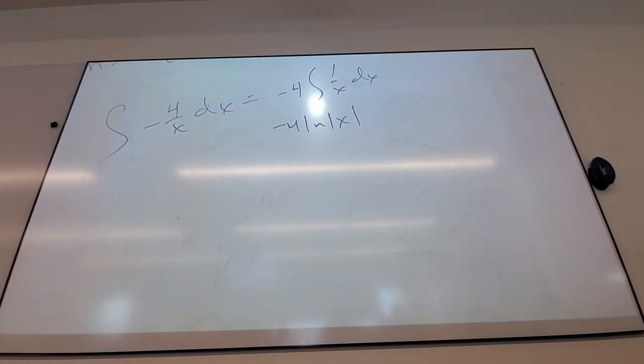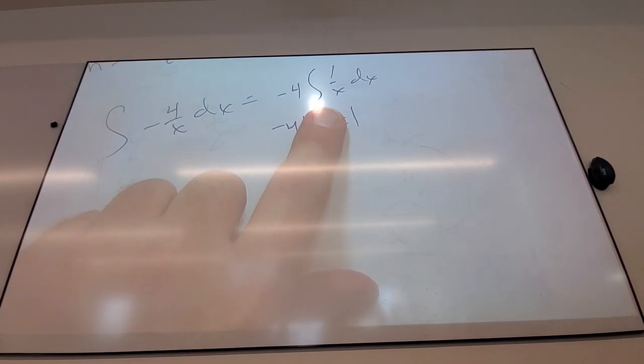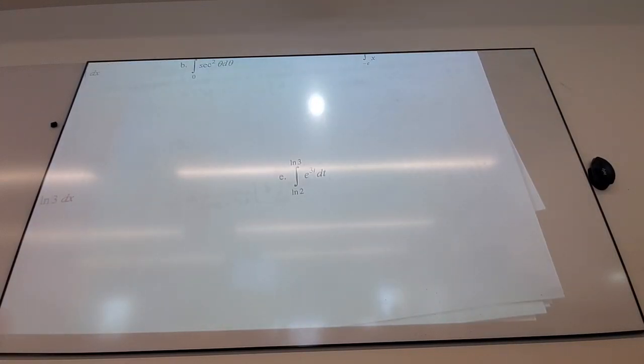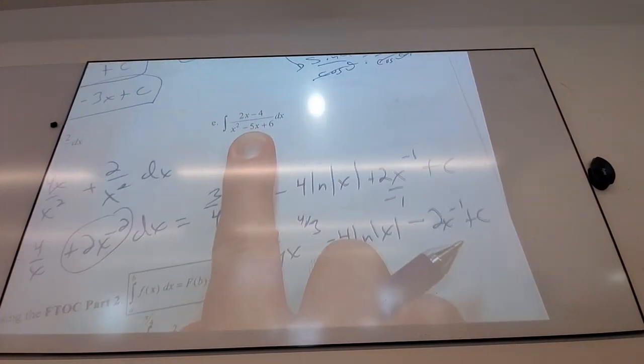So you can always take constants out of the way, or if for some reason you need a constant, you can actually figure out a way to get it in there. So you can take them out, put them in, however you need. But x's, ain't no way in hell. Okay. So what about this guy?